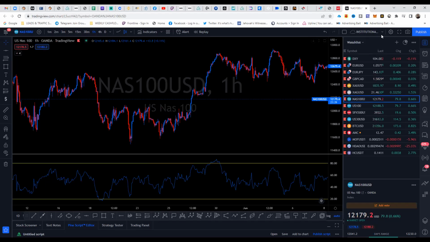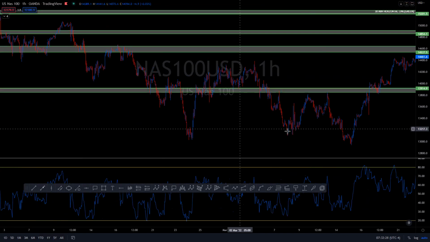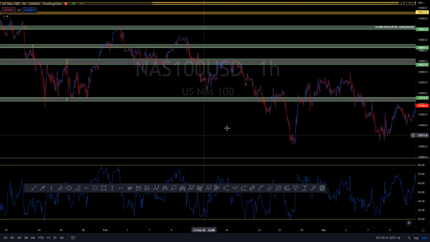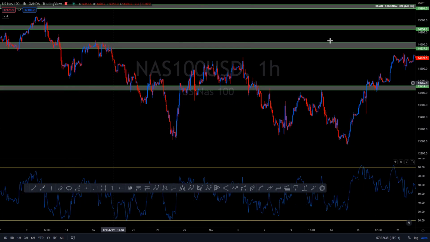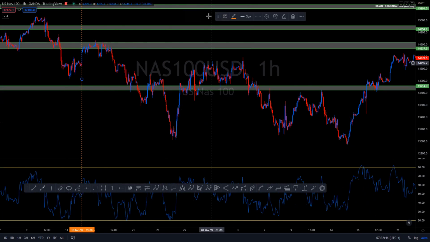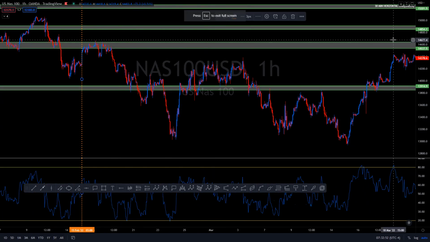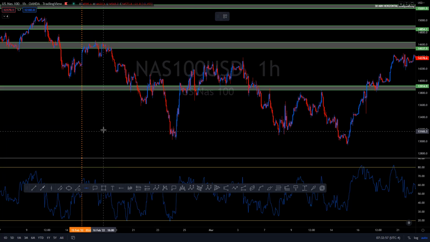So now we go to the 1-hour time frame. And I'm going to put a vertical line here. And then what I'm going to do is I'm going to take another horizontal line.